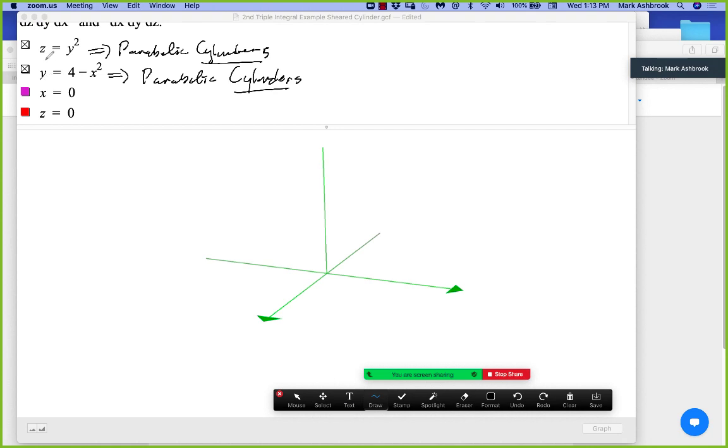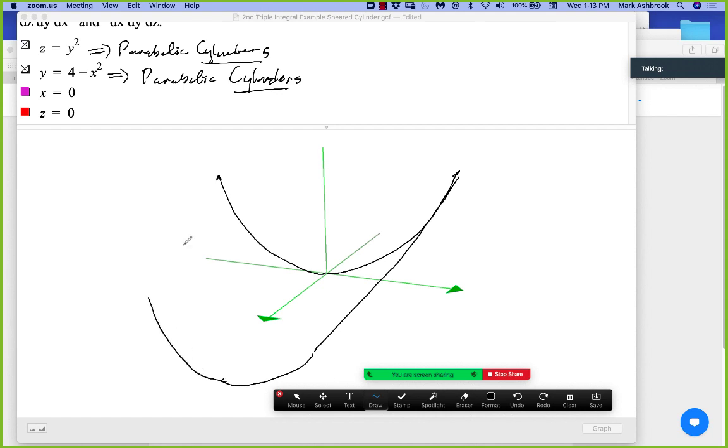We can start by drawing the curve and then extend it in the x direction. Okay, like this. Something like that. And then we're going to extend it in the x. Okay, so this is like that.